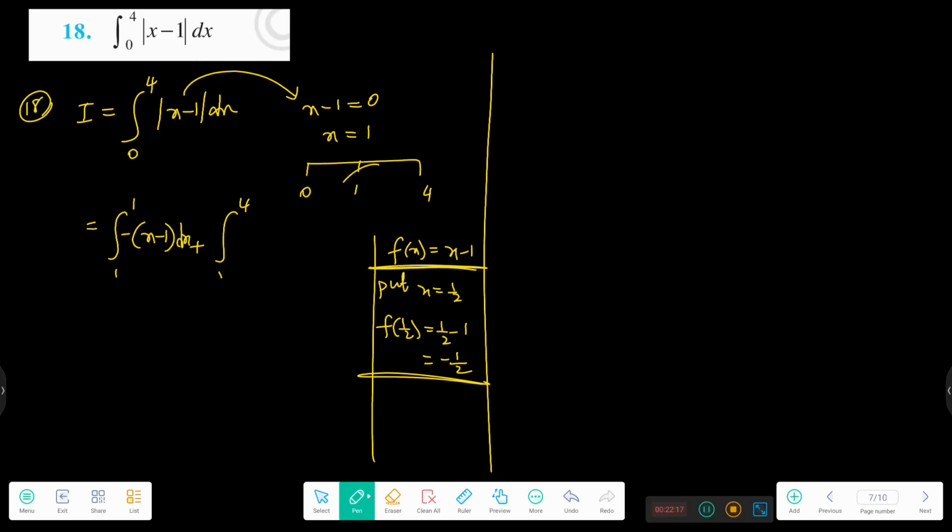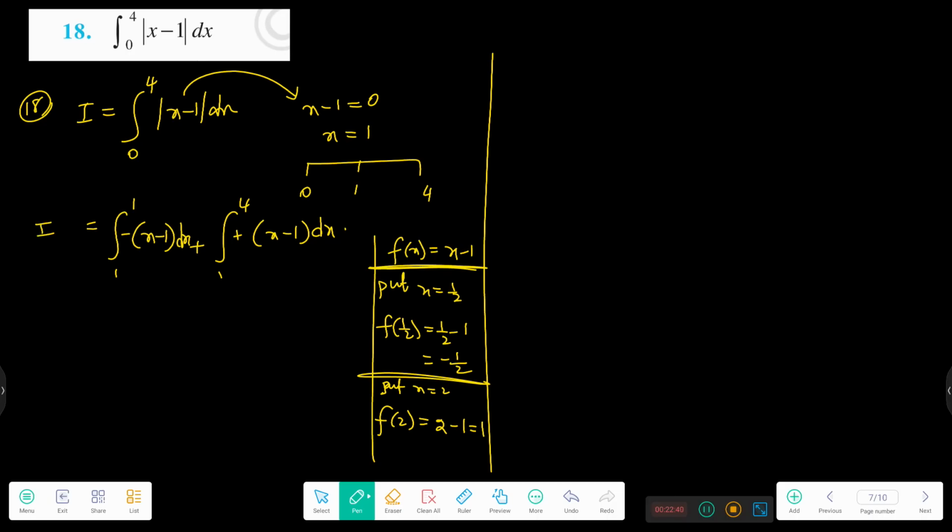And for 1 to 4, you can take any number from 1 to 4. If I substitute x equal to 2, then f of 2 equals 2 minus 1, equal to 1. Positive means plus of x minus 1 into dx. This is the best idea to divide the limits.